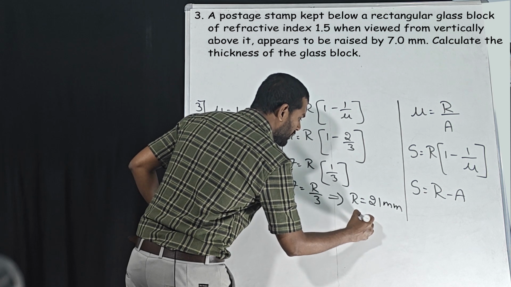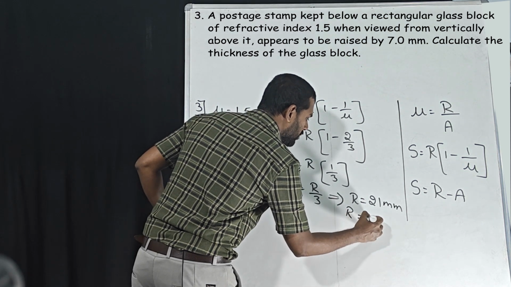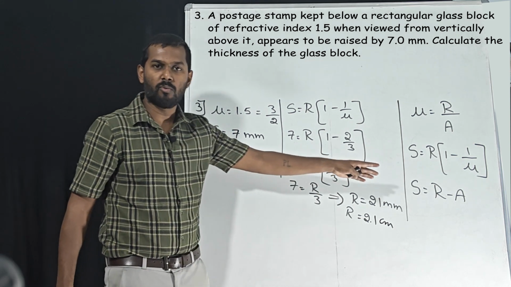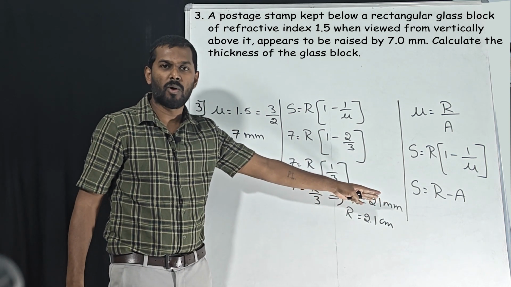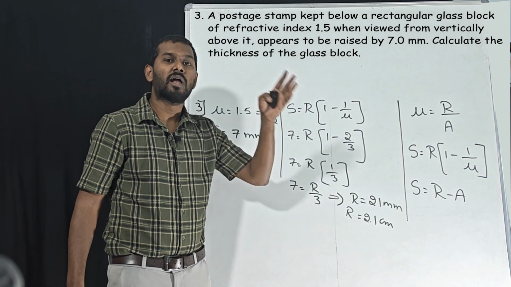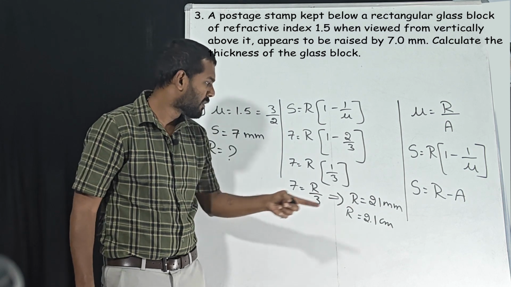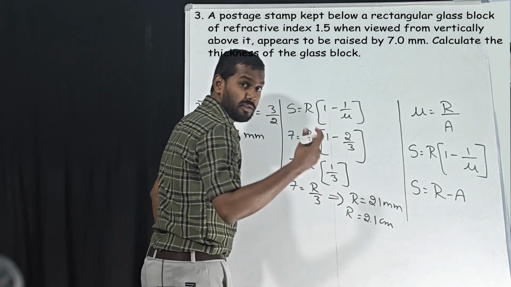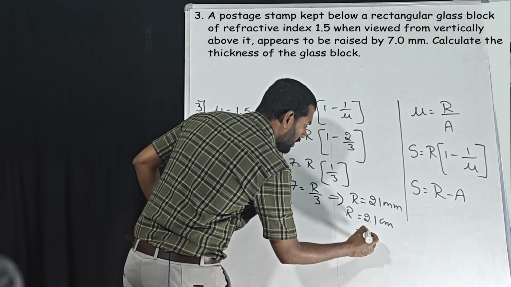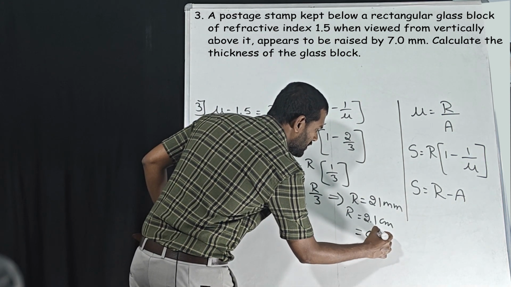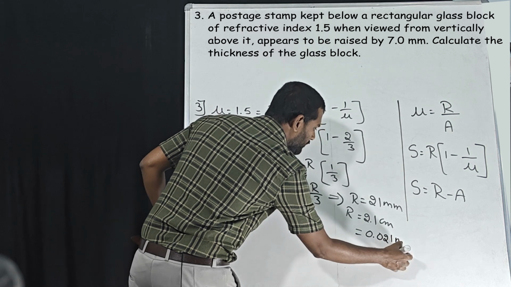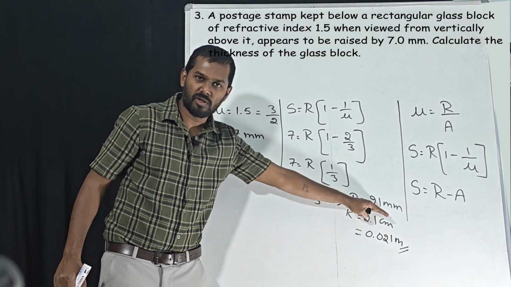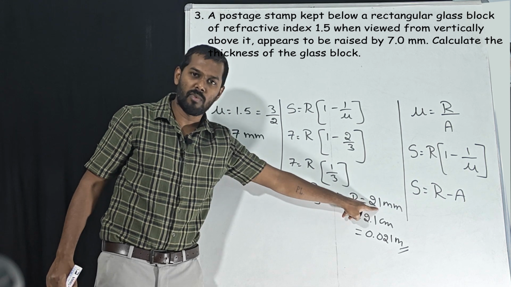If you want to convert into centimeter, R is equal to 2.1 centimeter, because 1 mm is equal to 1 by 10th of a centimeter, or 1 centimeter is equal to 10 mm. If you want to convert into meter, it is 0.021 meter.